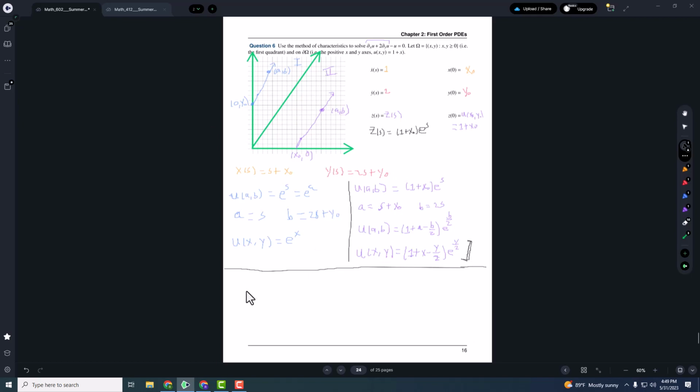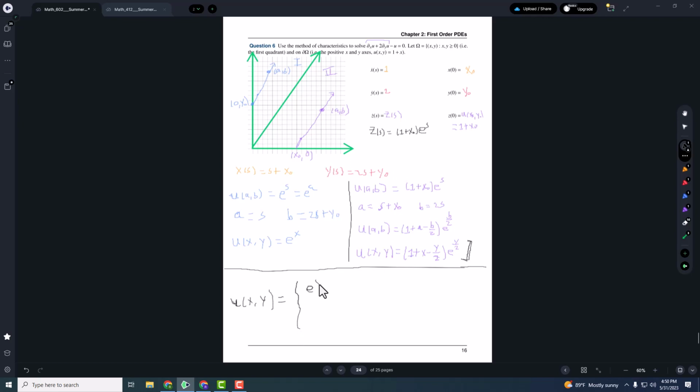Okay, so then u of x,y: I want to write this as a piecewise function, not like this region 1 and region 2 stuff. Now, it's not always bad to write things in terms of region 1 and region 2, but if we can do things algebraically as well, it just makes things a little bit better.